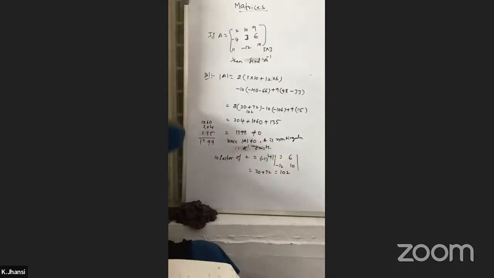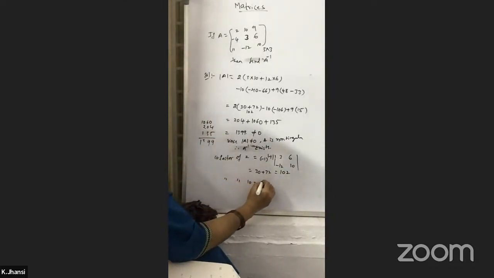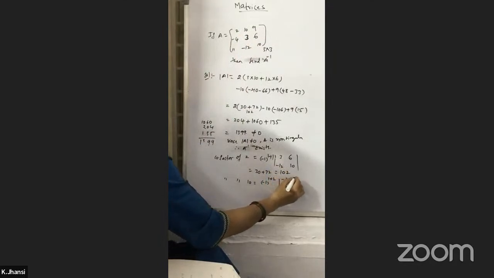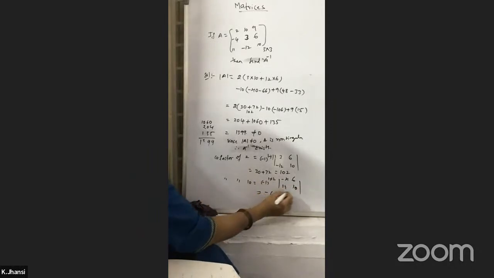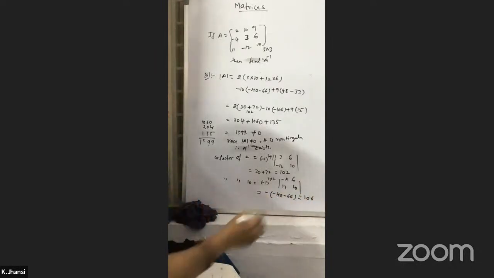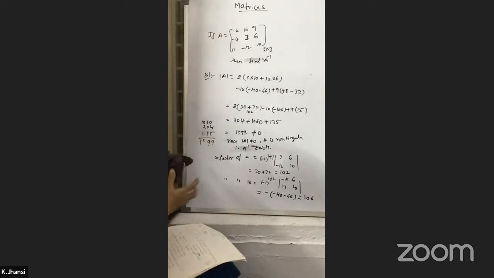Next, cofactor of 10 is minus 1 to the power of 1 plus 2, times the determinant of minus 4, 6, 11, 10. Okay. So this is a negative value, and this is minus 40, minus 66, so minus 106, giving plus 106. Like this, for each and every element, you have to find the cofactor.